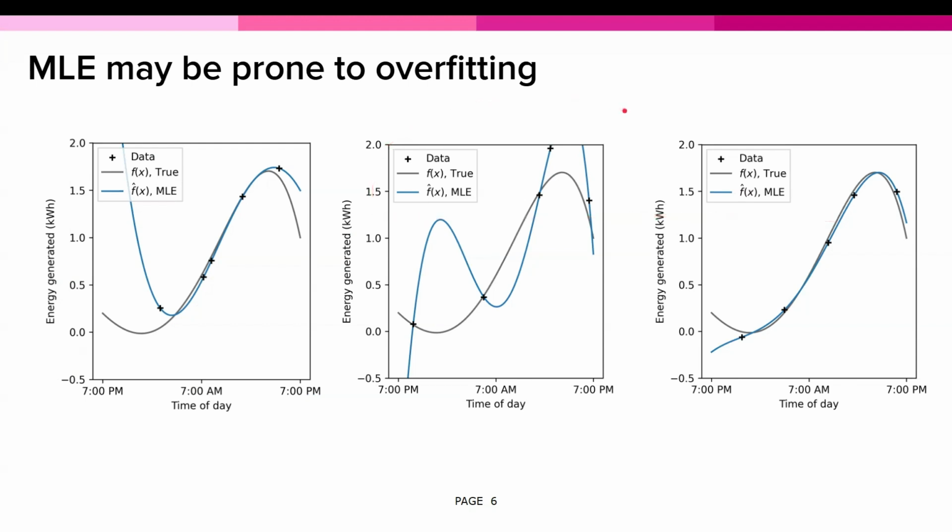So the key takeaway here is that when the MLE is used with small data sets or with models that have many parameters relative to the data, the predictions can become unstable and highly sensitive to the specific observations in the training set. And when there's a large number of parameters relative to the data, the model is going to capture idiosyncrasies and noise of the training set.